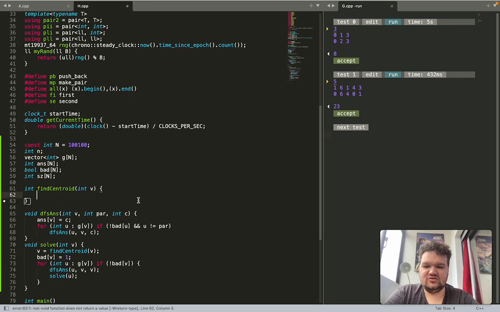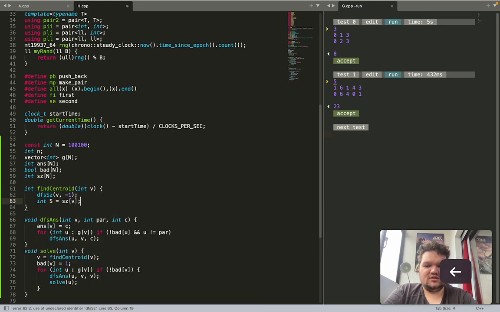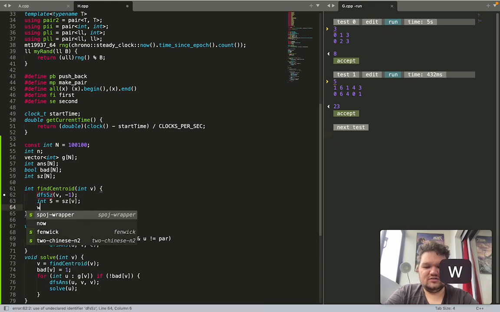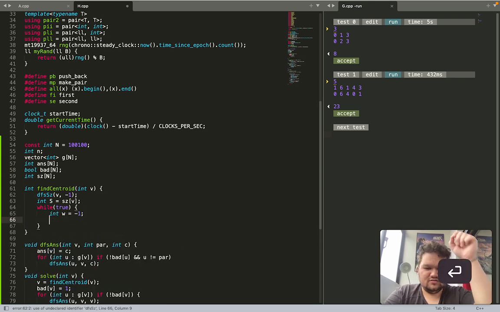So in find centroid, I should calculate sizes. And then go to the largest son if its size is at least s over 2.